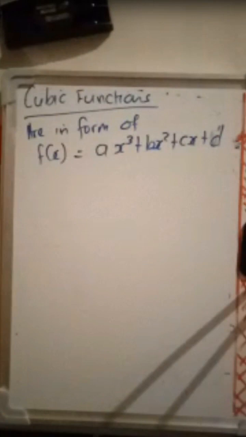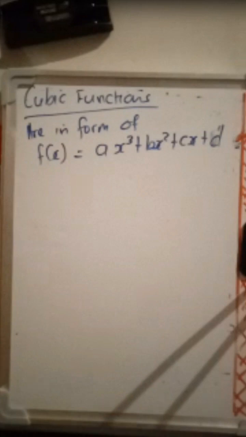So usually the characteristics of cubic functions, if they are on a graph, they have two, usually, not always, stationary points and also what is called one point of inflection. So we are going to talk about that.